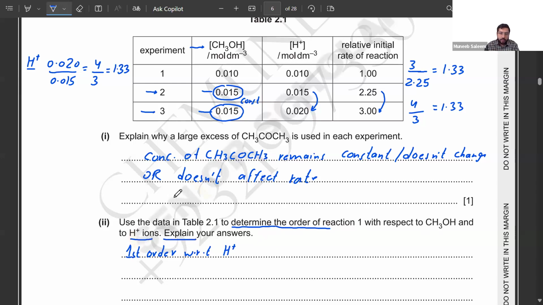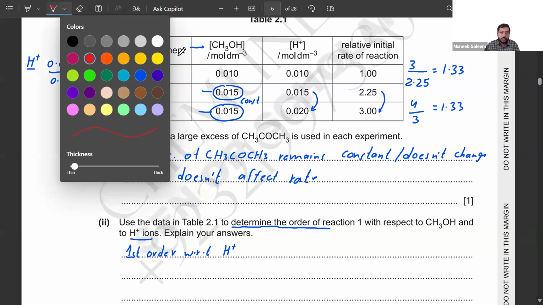And then for the second part, which says explain, I will change the color.